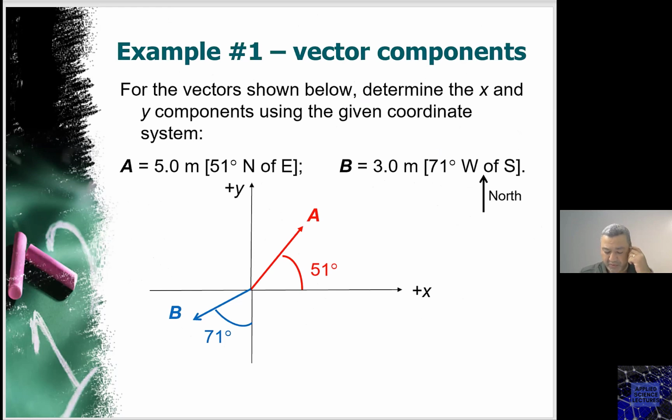Here in this example, we have two vectors, vector A and vector B, where vector A has a magnitude of 5 meters and an angle of north of east, while B is 3 meters with an angle of west of south. So this is how we should be doing it.